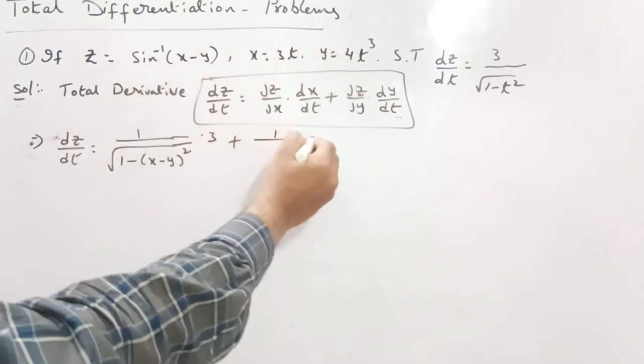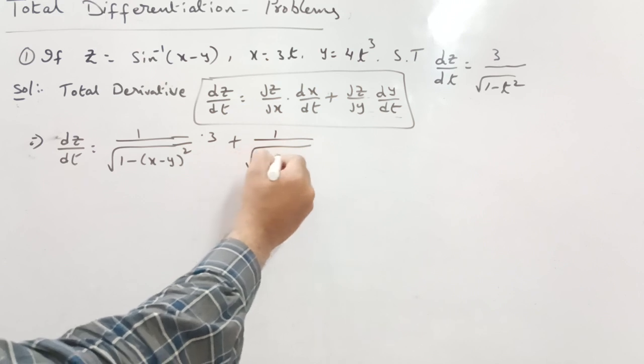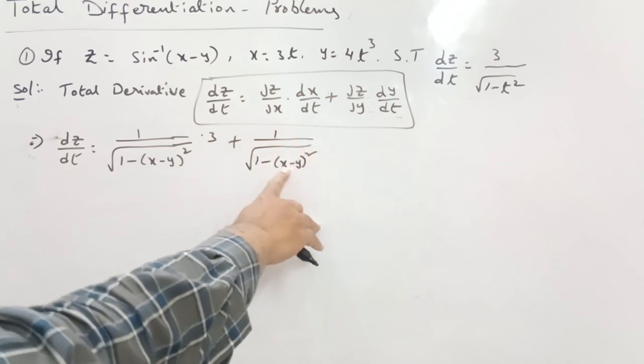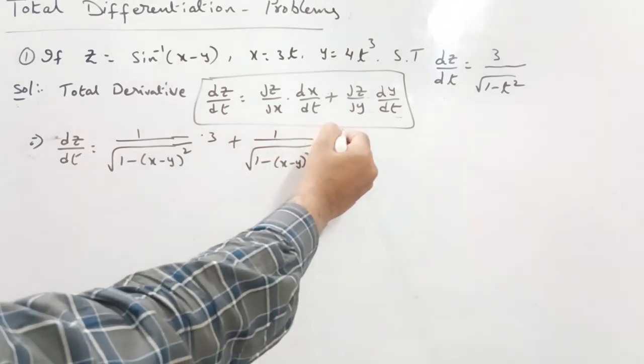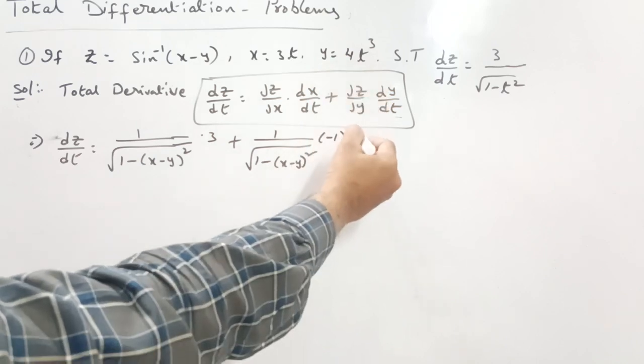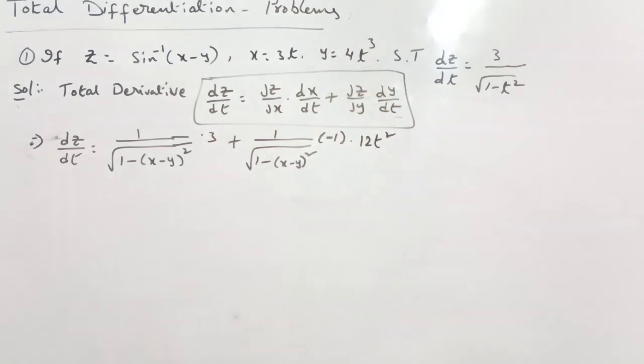You differentiate with respect to y: 1 by square root of 1 minus (x minus y) whole square. Again chain rule: x is 0, y is minus 1, you get minus 1, into dy by dt. y is 4t cube, so you get 12t square.